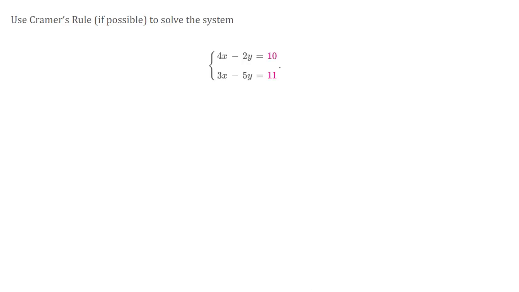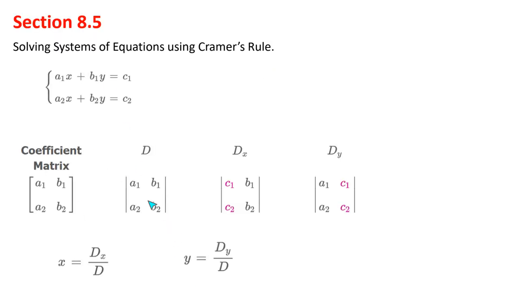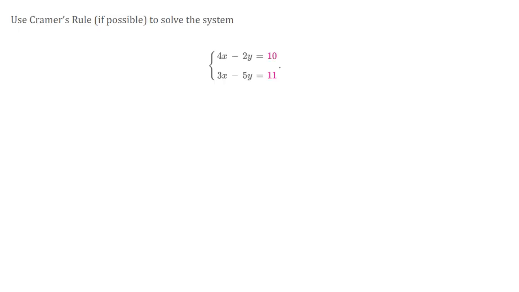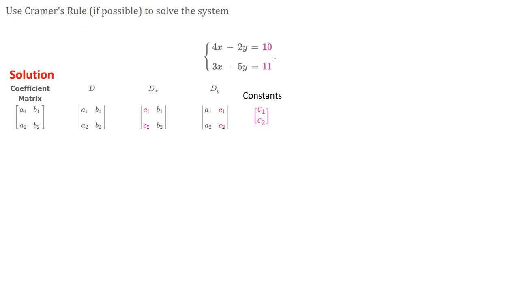For example, let's say you have this system and it says to use Cramer's rule. Cramer's rule is this right here. So let's go back. First thing is identify your coefficient matrix, and write down the determinant for that matrix, the dx and the dy. Okay, so let's go ahead and do that.